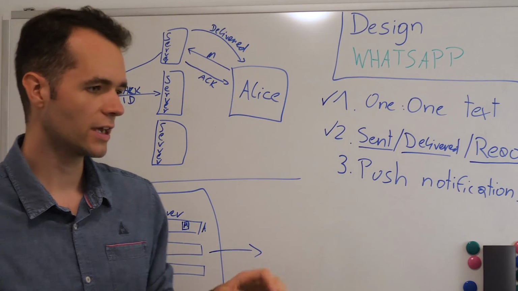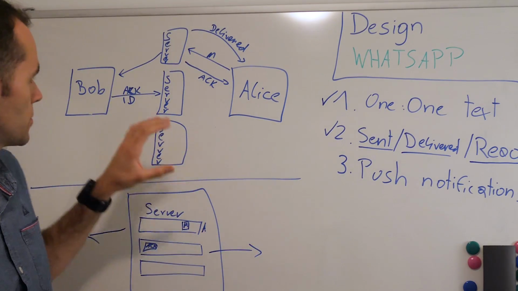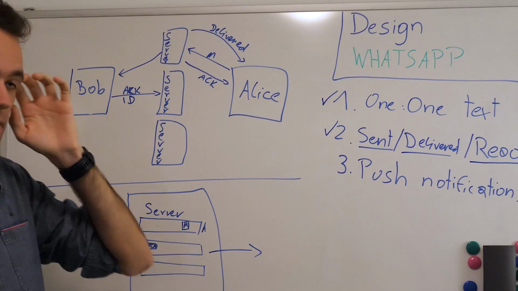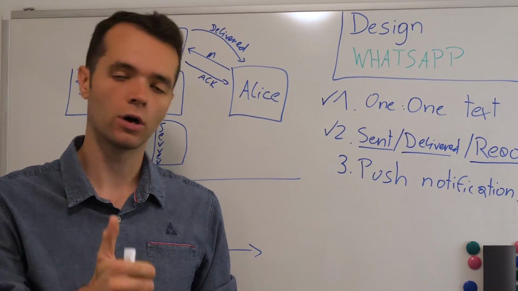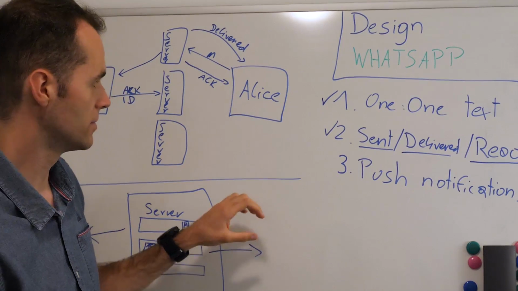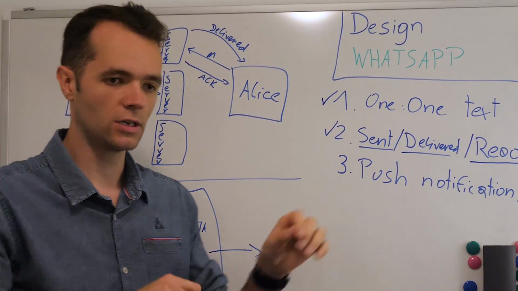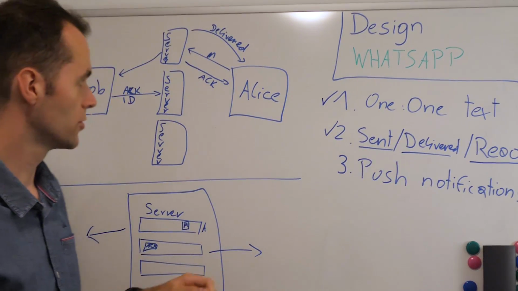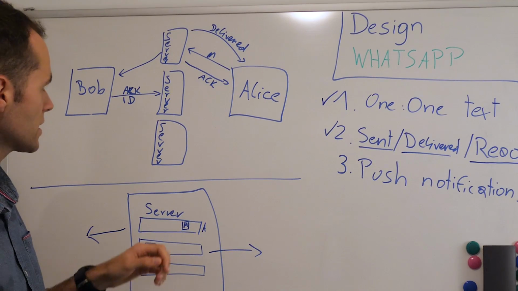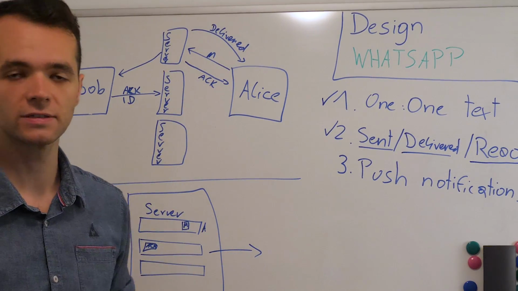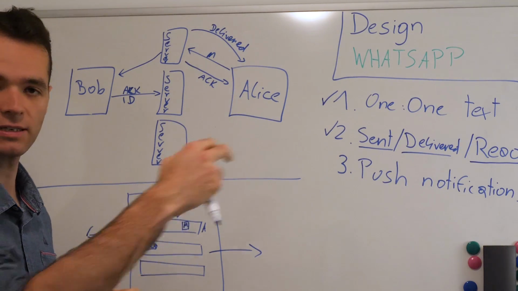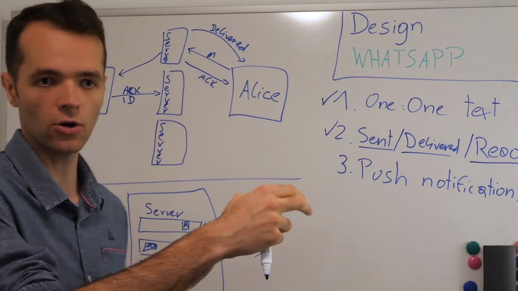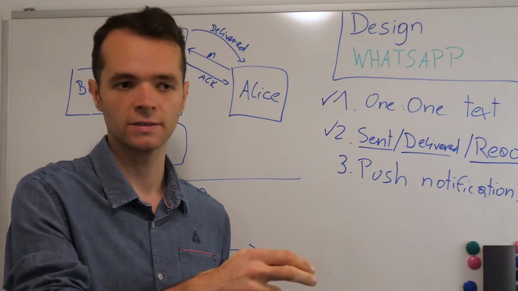So push notification would probably be a totally different system than this one, and you want to optimize it for this one purpose of sending notifications to all kinds of people. So you could imagine that when a server receives a message, it stores it or sends a request to another system which is only there for push notifications.